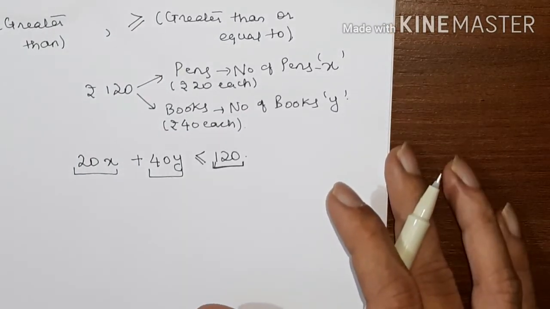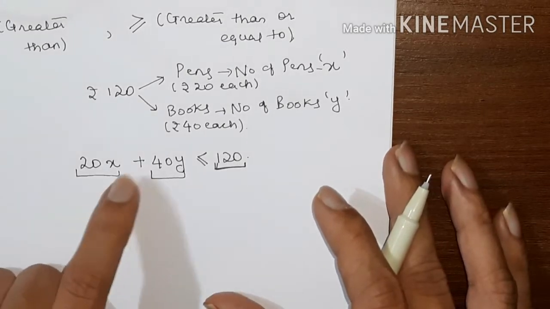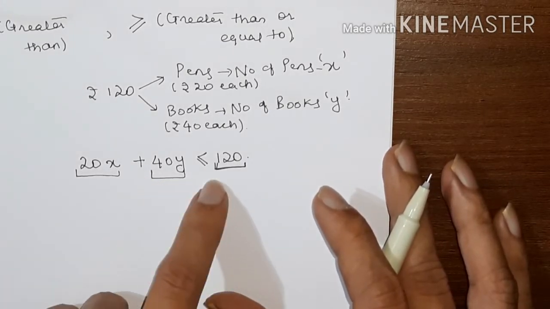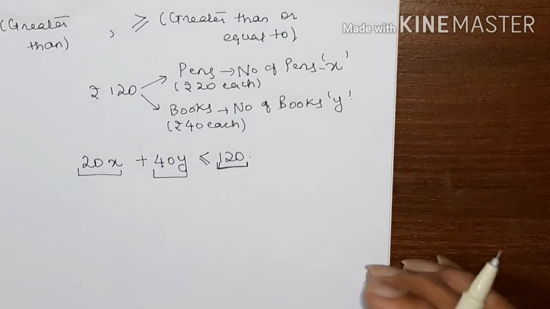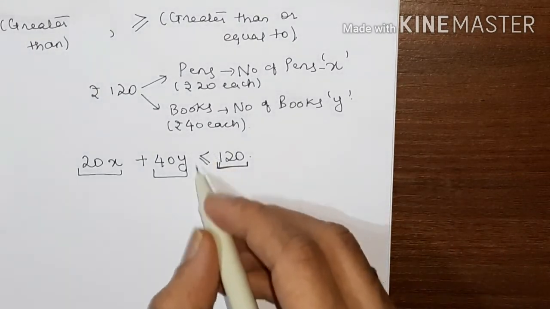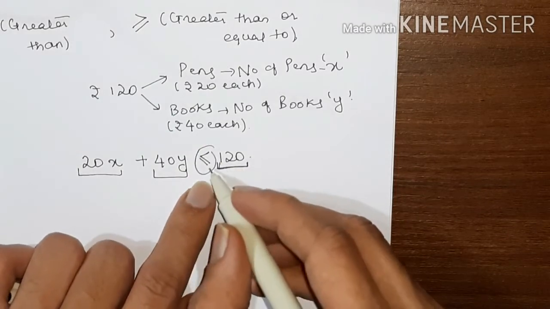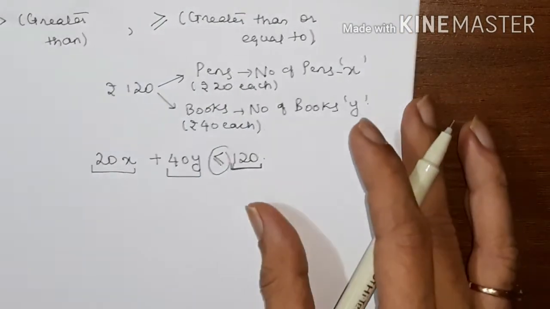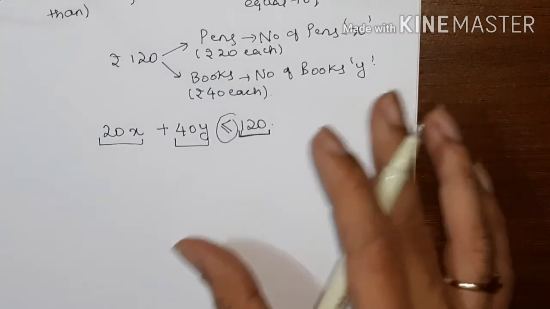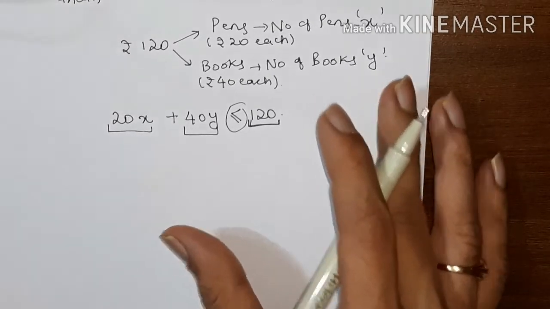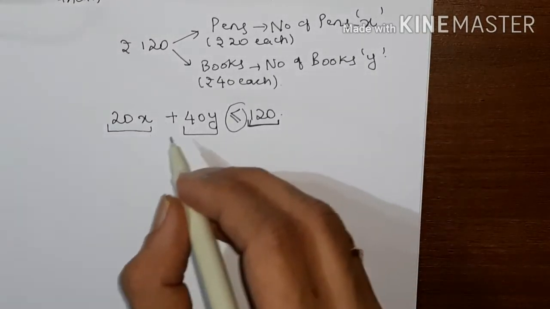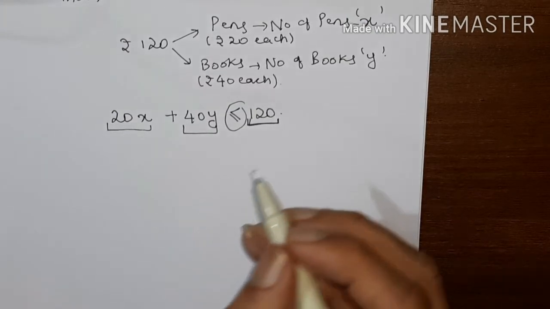So the inequality is 20x plus 40y less than or equal to 120. This is a less than or equal to inequality, and here you have two variables, x and y.